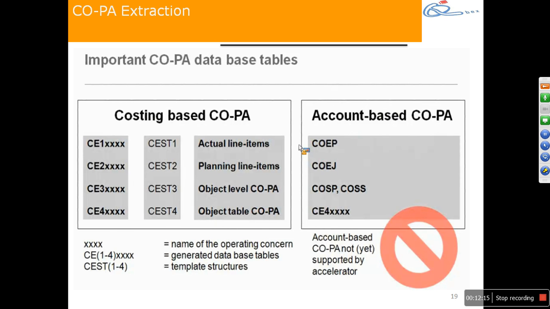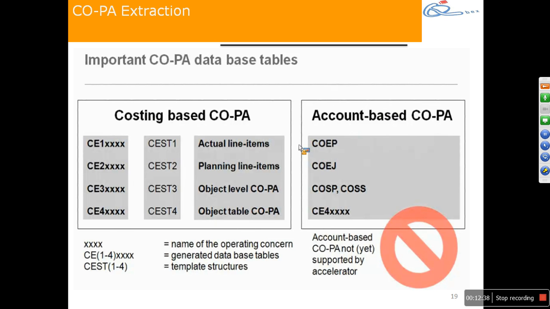And the CE1 table will have all the actual line items posted. Is it directly posted, or does it come from different modules? Different modules. And CE2 is actually planning line items. So this is important. In COPA, planning also can be done.